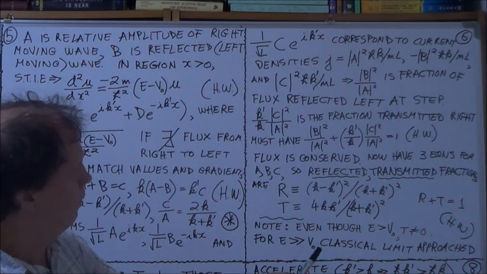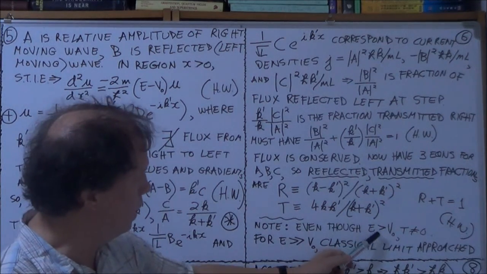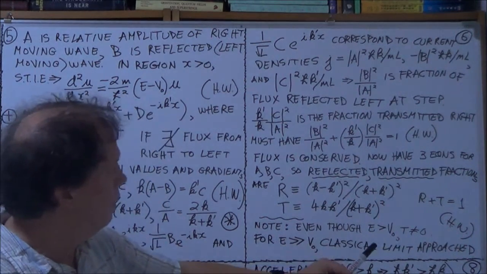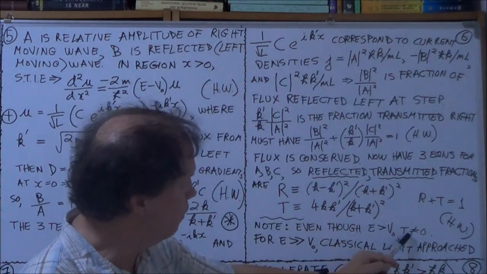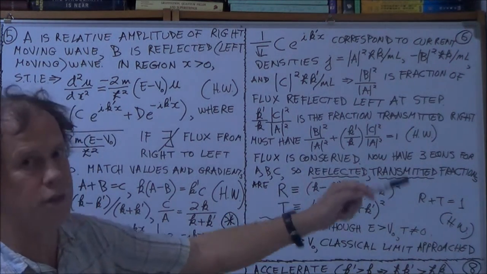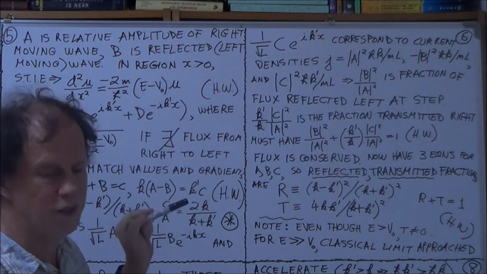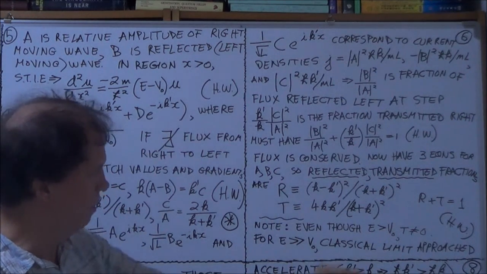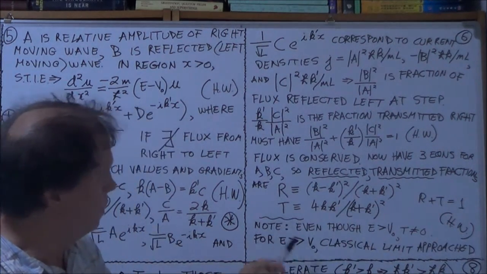Now, interestingly, we're dealing with the case when the energy is larger than the potential barrier, so E is greater than V naught. Notice here, this T is not 0. So some of it gets transmitted, a certain percentage, in a manner of speaking, of your incoming wave goes through.